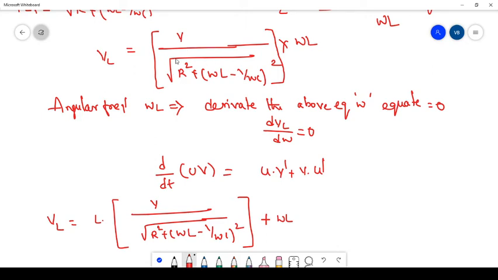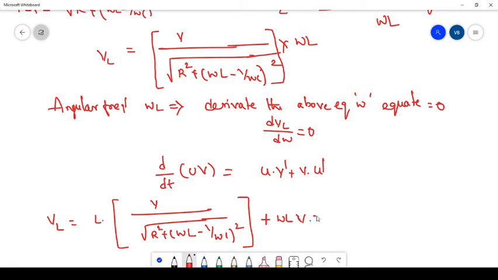Here the second term has a constant V, and if the square root comes into the numerator, we get the power minus 1 by 2. So we need to calculate the derivative of that.